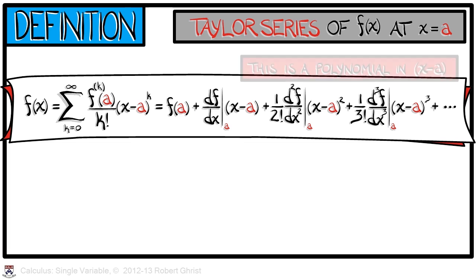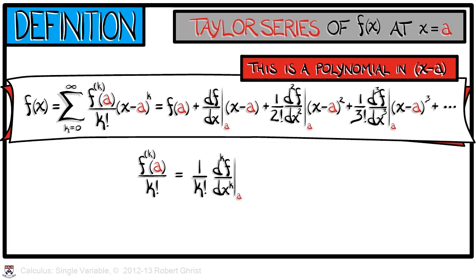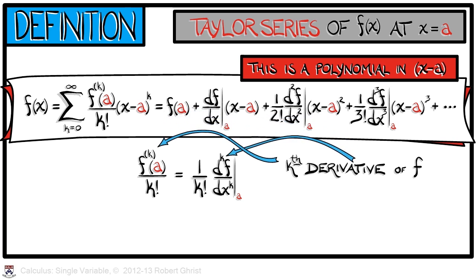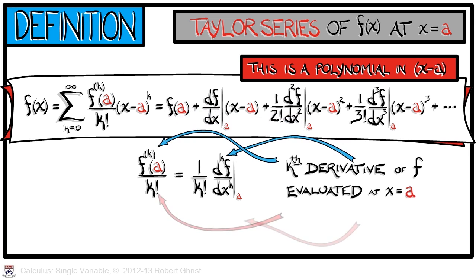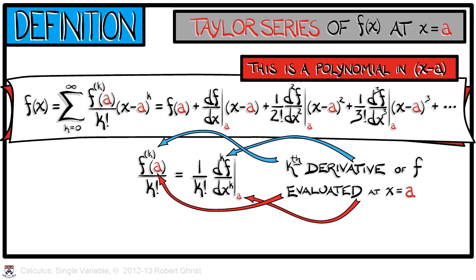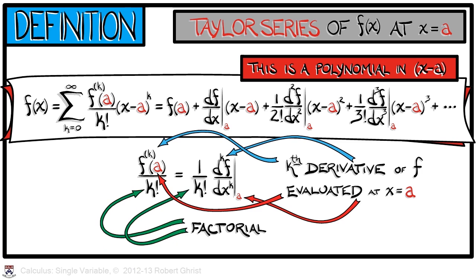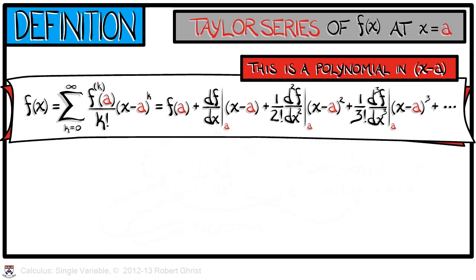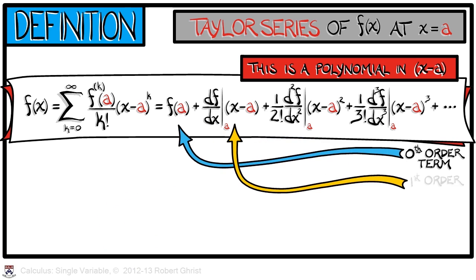This is not a polynomial in x, but rather a polynomial in the quantity x minus a, where the coefficient in front of each monomial term is the kth derivative of f evaluated at a, and then divided by k factorial. A little bit of terminology is in order.